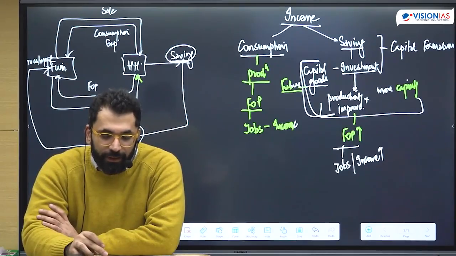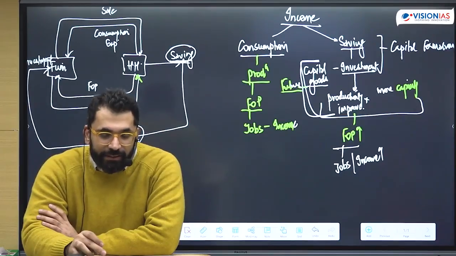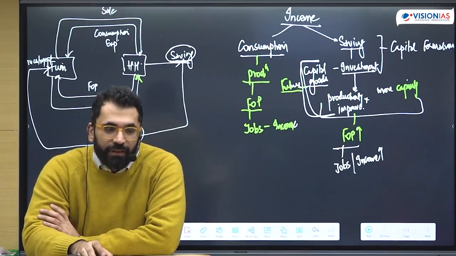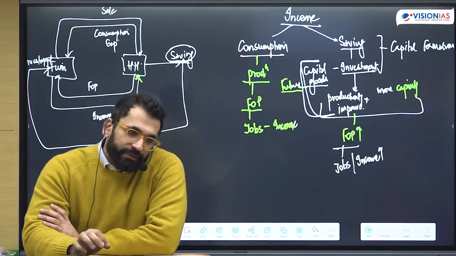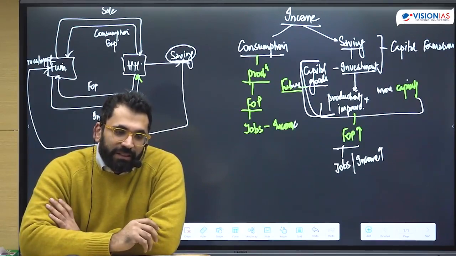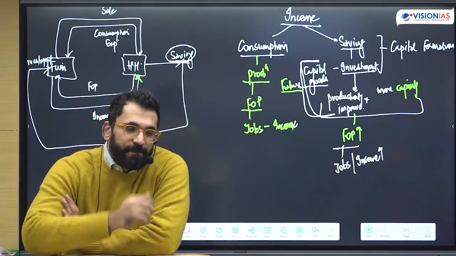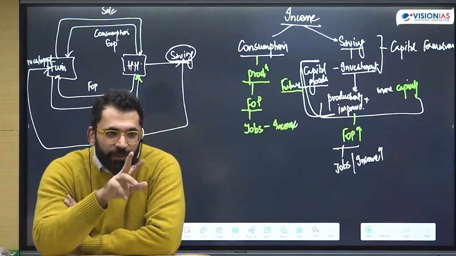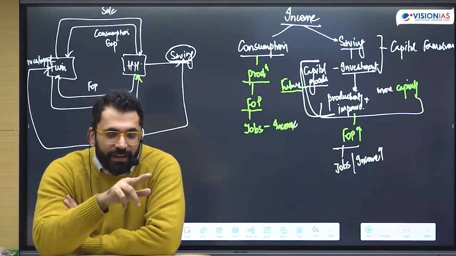For example, savings, imports, tax payments, etc. I'll explain both imports and tax payments also, how they are a leakage, in the next line.